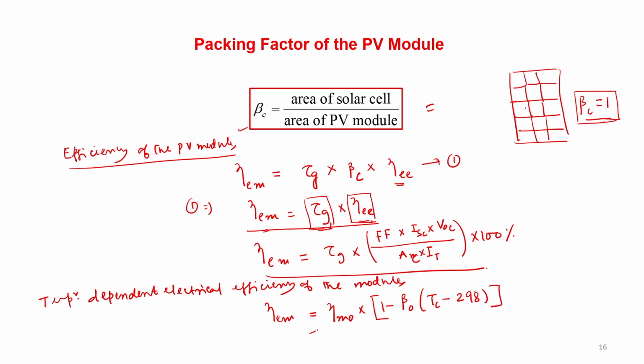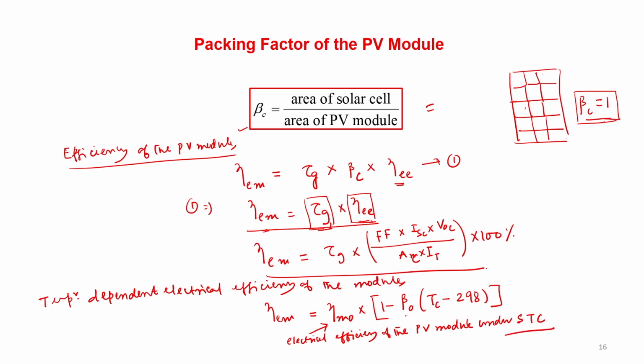So, this eta m0 is nothing but the electrical efficiency of the PV module under standard test condition, right.